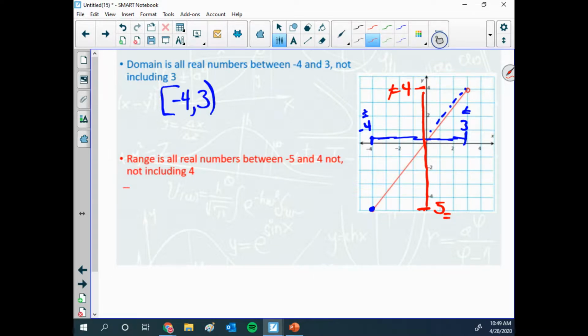I'll start with the lower number, which is -5, comma, the higher number. How high can I go up on my range? I can go all the way up to 4. So -5, can I equal that number? Yeah, because it's a closed dot, so I'll use the square bracket, comma, the higher number, which I can't equal, so I use a curved bracket. And so there is the range expressed in interval notation for that function.